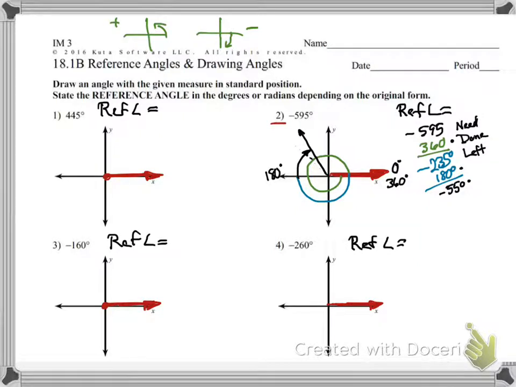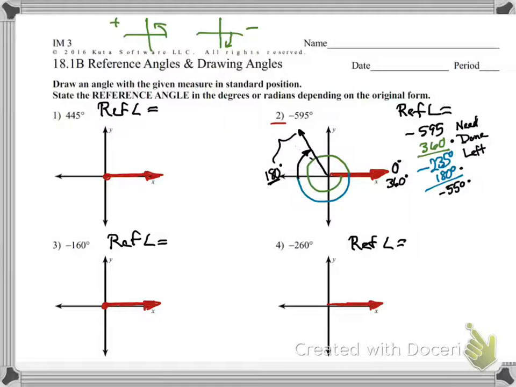We need to also label the reference angle. And the first day we talked about drawing these angles, I said, when you get done, I need something telling me where you are. Preferably, how far am I from the nearest part of the x-axis? And it looks like that one is definitely closer to 180. So I'm going to think about, what is this space?